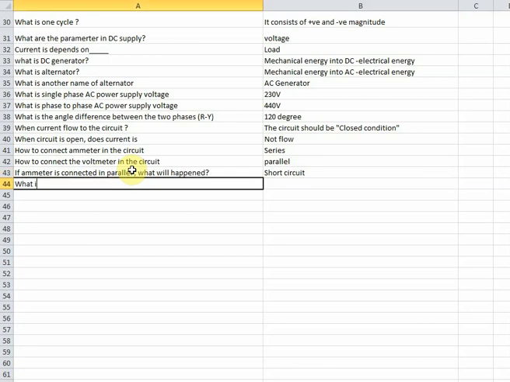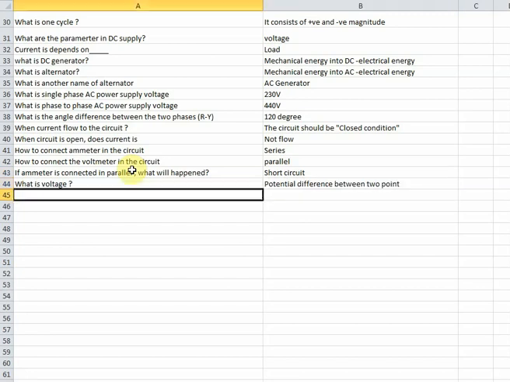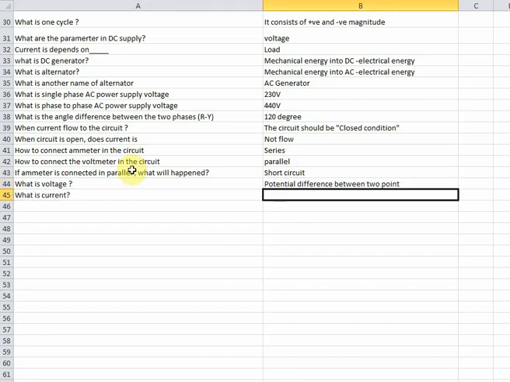Okay, then what is voltage? Potential difference. In simple terms, between two points, that is called voltage. What is current? Flow of electron.